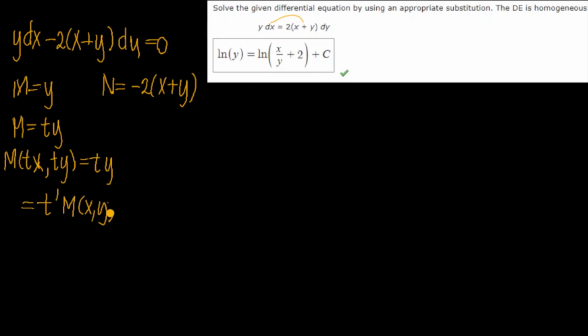Since M is just this y here, now for N of tx, ty, replacing all the x with tx and all the y with ty, we have negative 2 times tx plus ty.